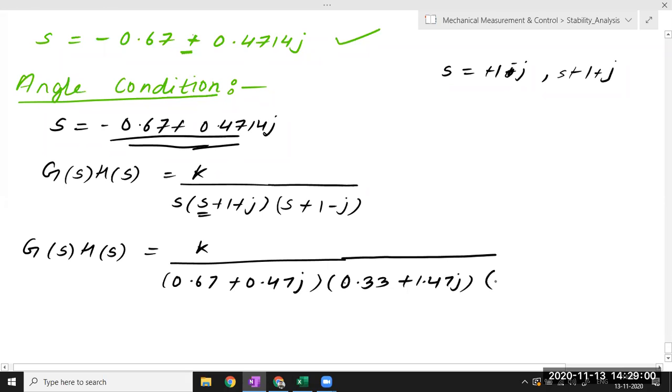The last one will be again 0.33 and this will be minus j, so this will be 0.53j. I am just substituting the value of s.